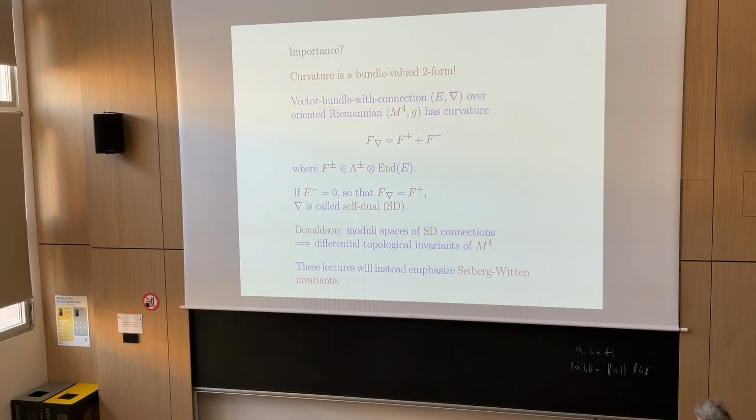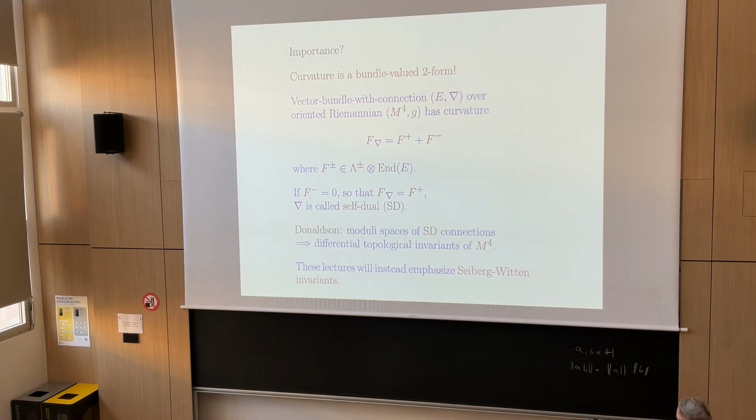These were the first theorems that showed that some topological four-manifolds had more than one differentiable structure. They were found by means of considering these so-called self-dual connections and extracting topological invariants by studying the moduli spaces of self-dual connections.